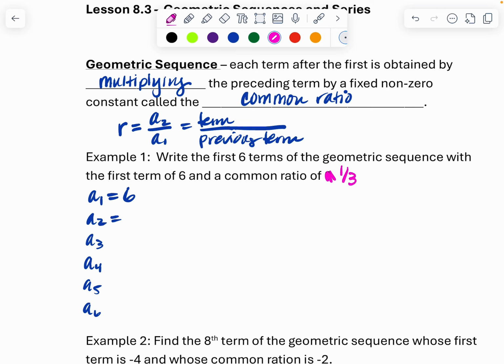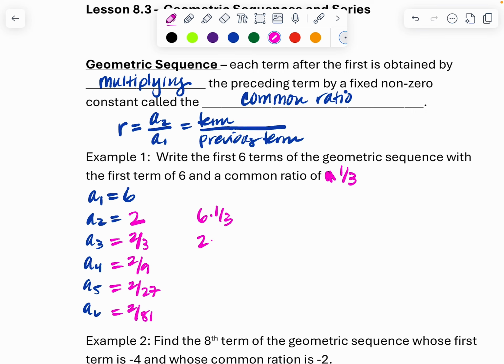For A sub 2, we do 6 times 1/3, which is 2. Then 2 times 1/3 is 2/3. Times 1/3 again makes it 2/9. Then this becomes 2/27, and this becomes 2/81.